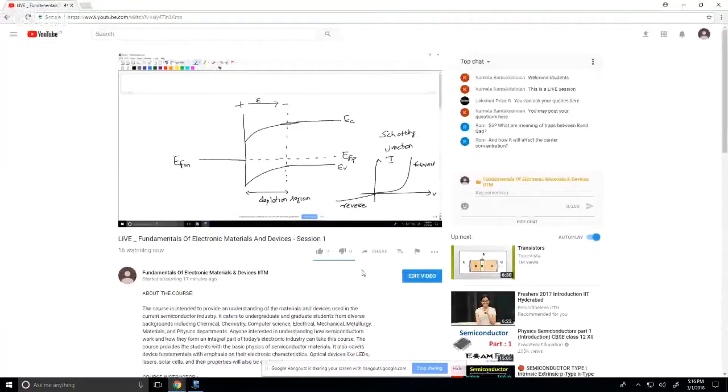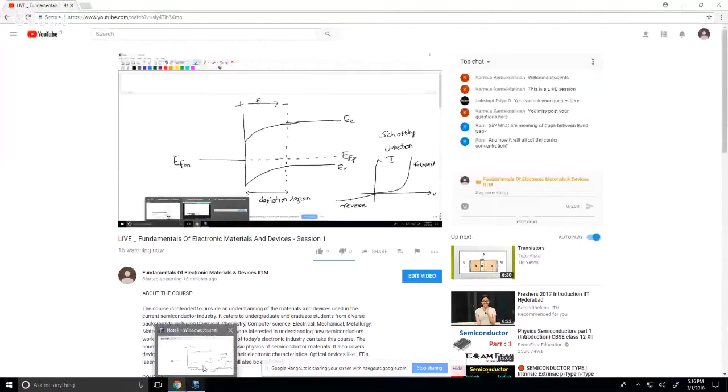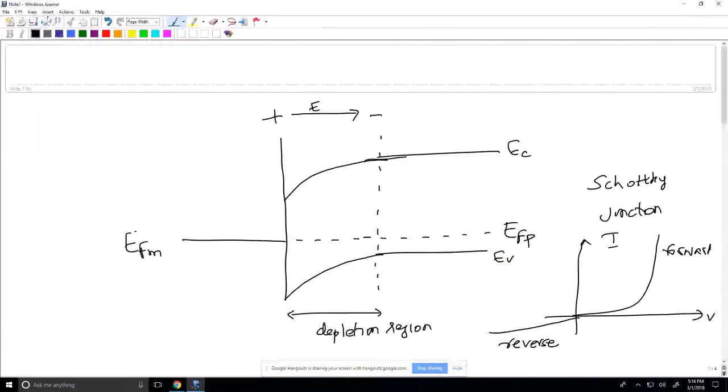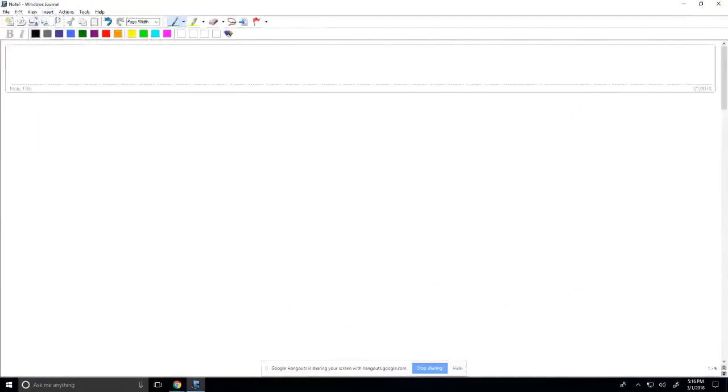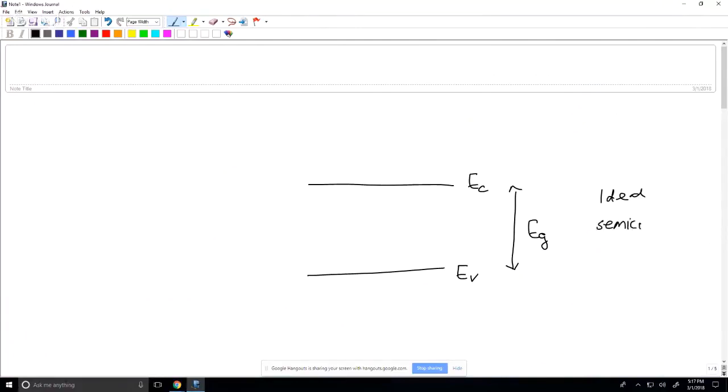Whenever I draw energy diagrams for semiconductors, I just draw this: this is my valence band, this is my conduction band, and this is my band gap. This kind of diagram is something that we draw for an ideal semiconductor. When we say ideal semiconductor, there are absolutely no defects within the material, so there are no trap states. But in reality, that is not true.